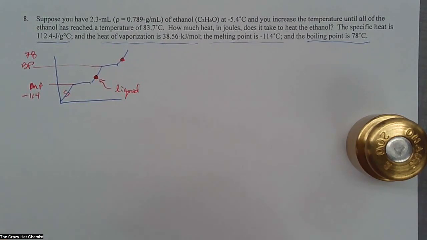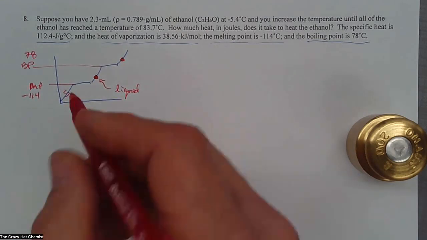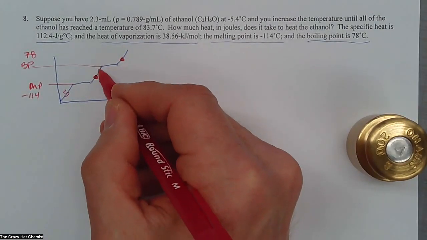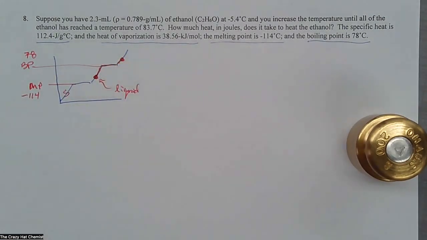So that makes sense, hopefully. Okay, so we are going to do this problem as the following: we're going to go 1, 2, and 3. We'll do that here in just a second.